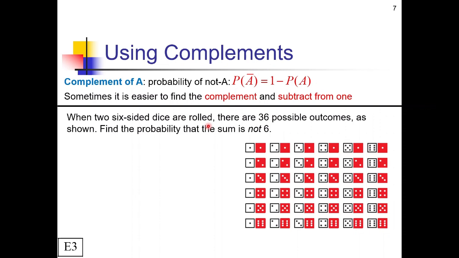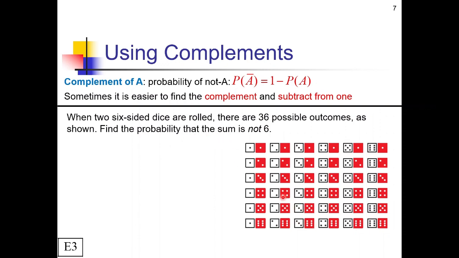So, for example here, you could go about finding the probability that the sum is not 6, but maybe it would be easier to find the probability that the sum is 6 and then subtracting that. So you do you. Pause the video and figure this out any way you want. So I'm going to go with the complement approach. The probability that the sum is 6 is going to be much easier to find.